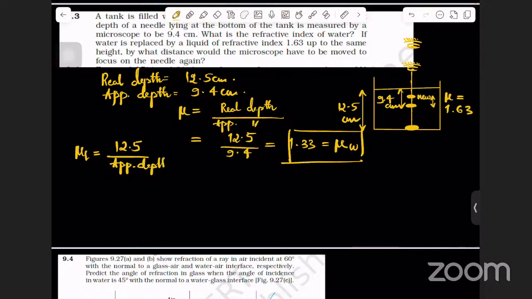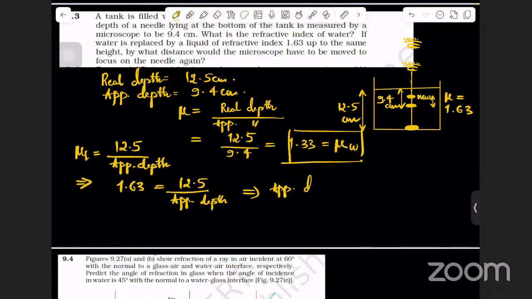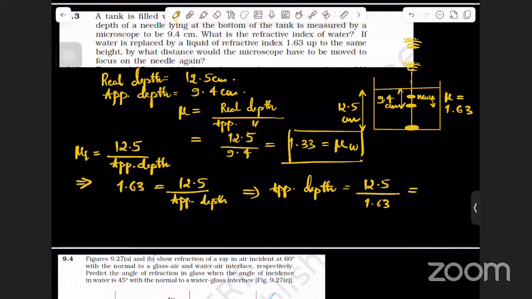It's given as 1.63 equals 12.5 over apparent depth. So the apparent depth you will find out as 12.5 upon 1.63. Pretty simple. On the calculator, we get the value as 7.67 centimeters.